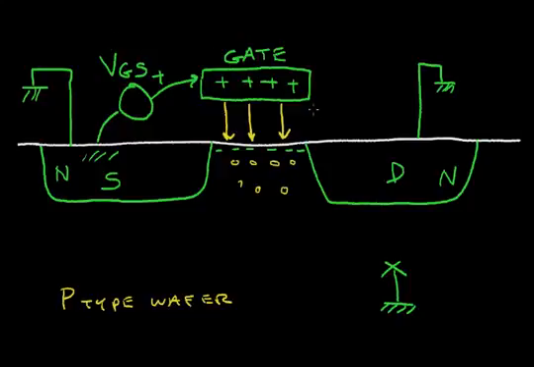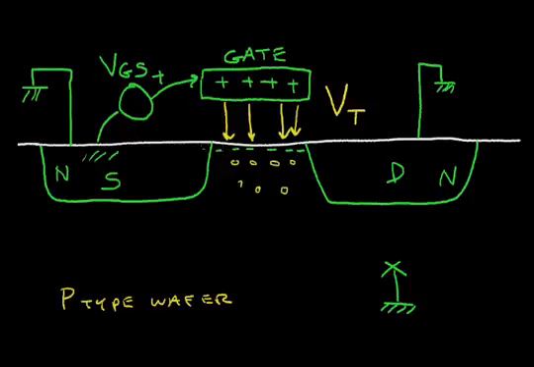And when that starts happening, there's a critical voltage that we call the threshold voltage. And I'll abbreviate that VT, for V threshold. And when we reach V threshold, perhaps it takes 0.6 volts or 0.7 volts, we get a strong enough electric field to invert this P-type wafer at the surface into an N-type.